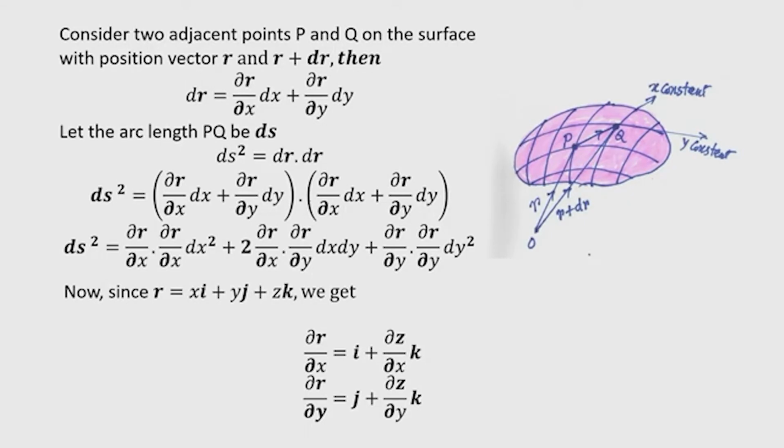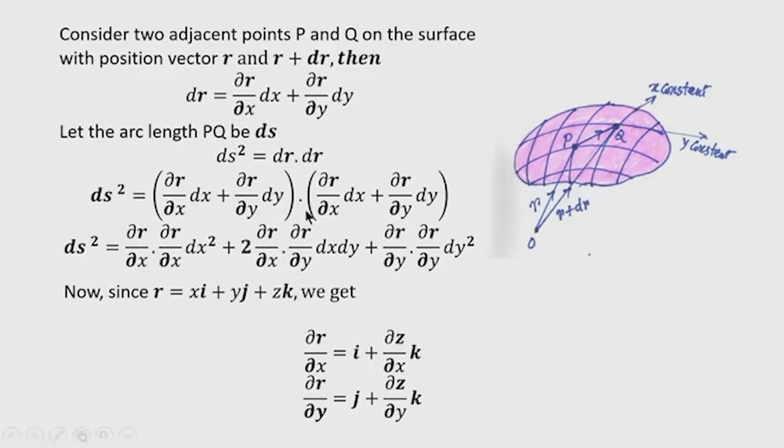So, whichever way you multiply, del r by del x dot del r by del y is also equal to del r by del y dot del r by del x, but this is not true if I take the cross product of the vectors.